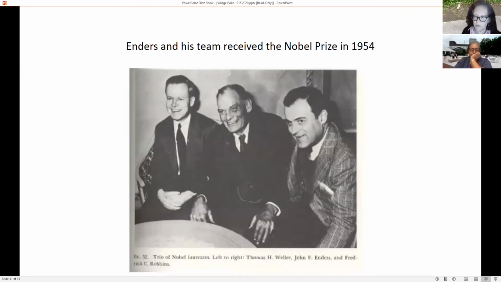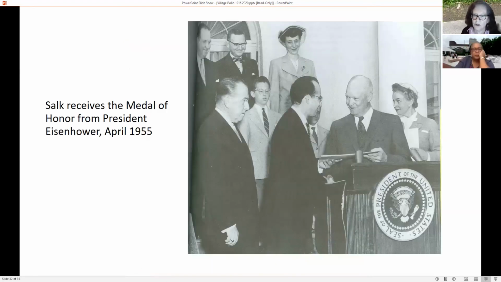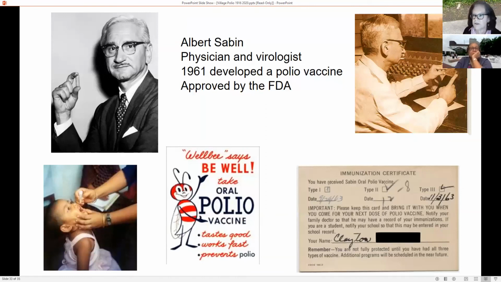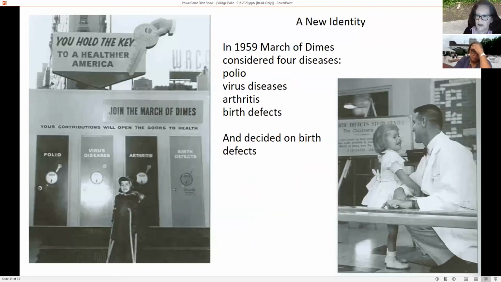Enders and his team received a Nobel Prize for their work, while Salk, who was considered sort of a Johnny-come-lately, who took the insights of Enders and turned it into a vaccine, received the Medal of Honor from President Eisenhower. Albert Sabin, another New York physician, developed the other polio vaccine, the OPV, and the March of Dimes decided that it would move from polio and focus on birth defects.